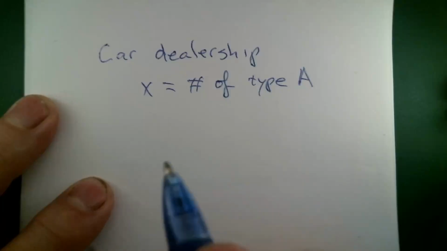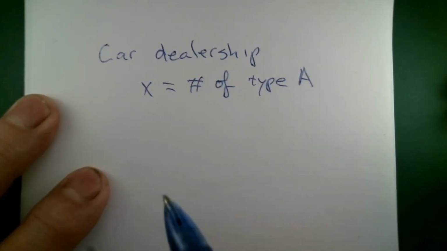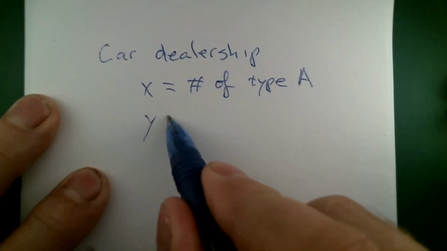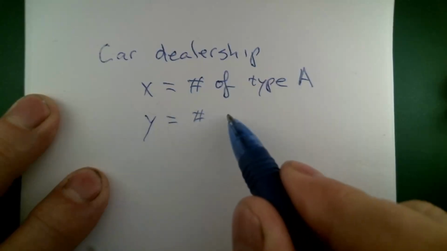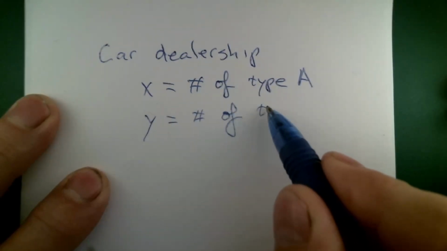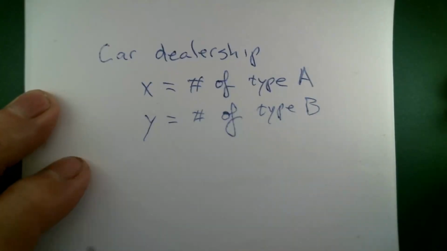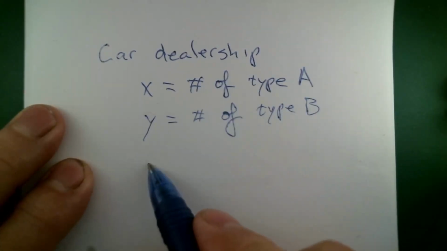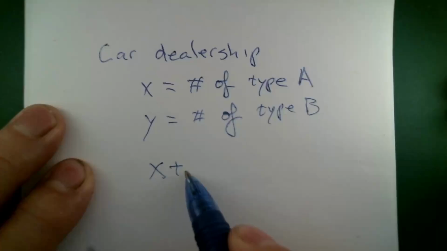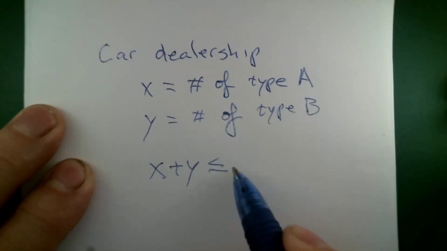I could make up some fancy names for cars, but I'm not going to. y will be the number of type B cars. And our constraint is going to be that we've only got room on our lot for at most 20 cars.